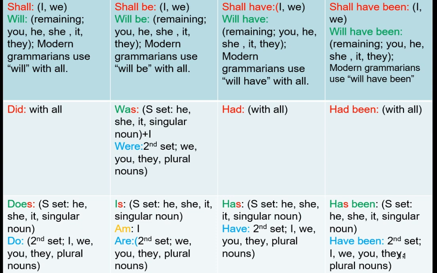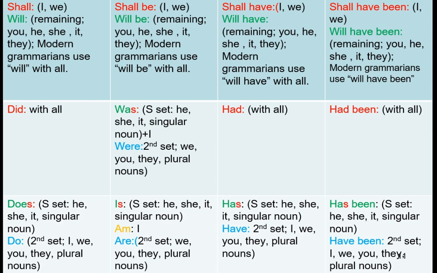But I want to tell you that I were is also used when there is supposition. If I were Prime Minister of Pakistan, I will help the poor. So I were is also correct, but when there is supposition, there is no reality. Usually students use I was when it is referring to the past.